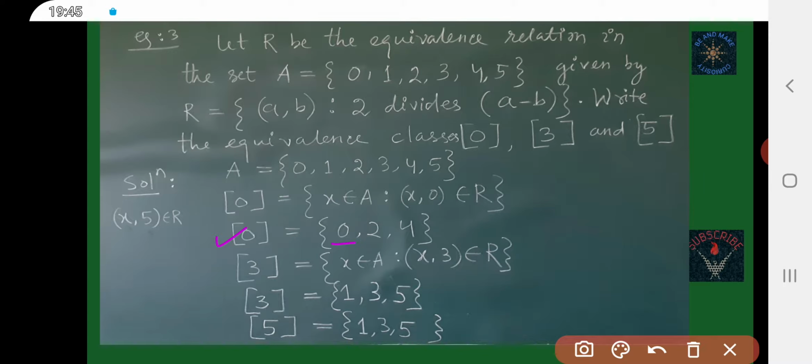Then (2, 0): here 2 minus 0 is 2, and 2 is divisible by 2. So 0 is related to 2, so 2 is also an element of the class.